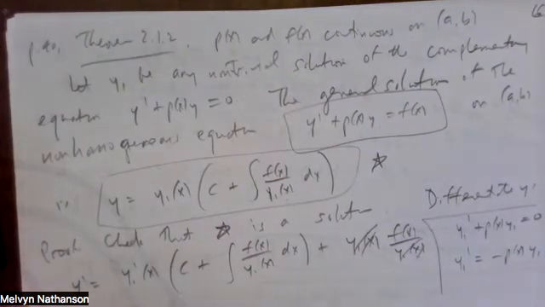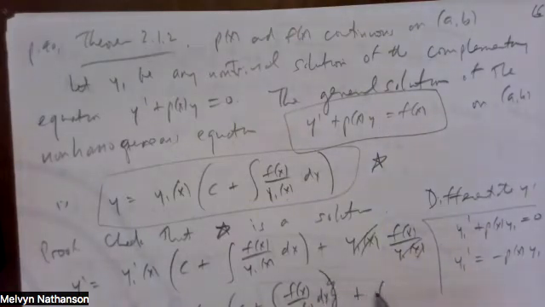So y prime is minus p of x y1 times c plus the integral of f of x over y1 of x dx, plus f of x.